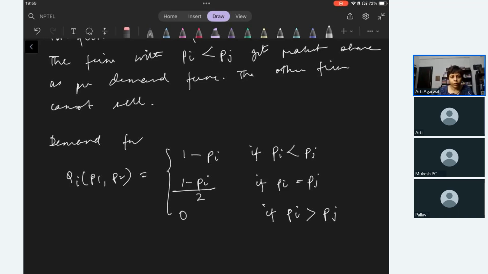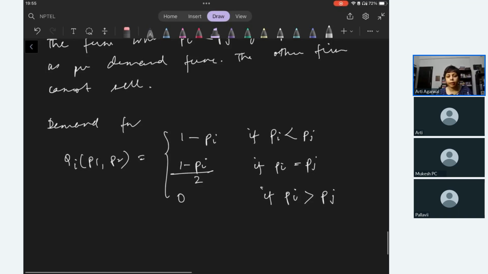Okay. Is this much clear to you? Because if this part is clear to you, the rest of it is not going to be very difficult. So this is all you need to understand, that the quantity you can sell in the market is decided based on the price you are setting.